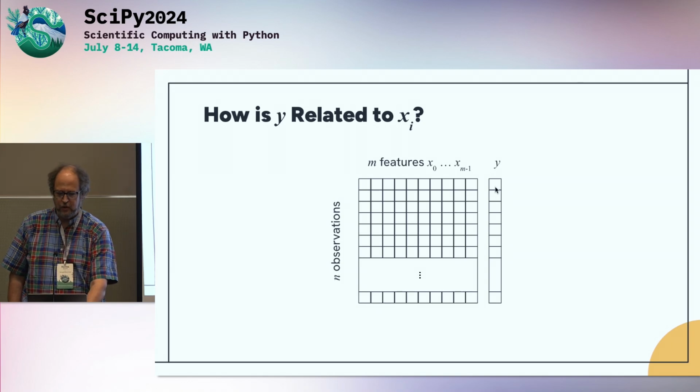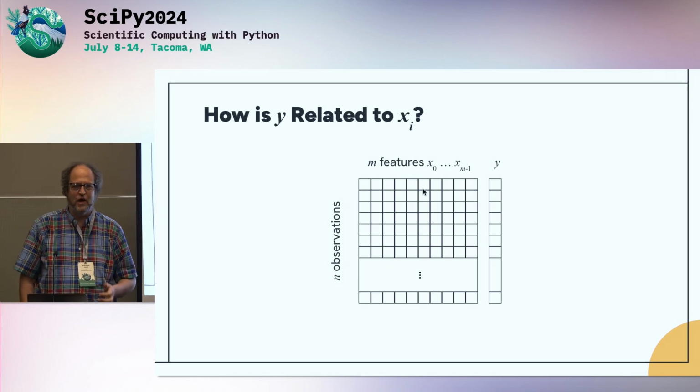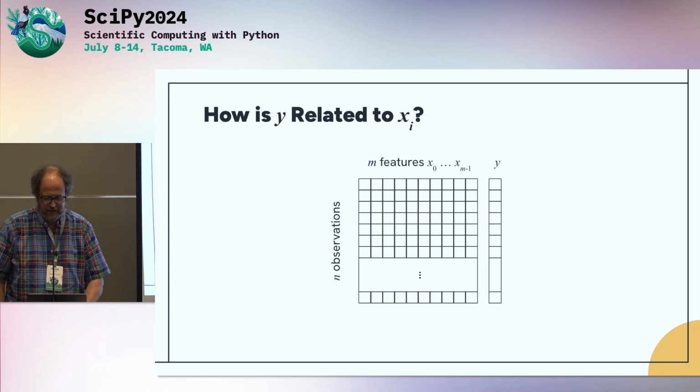And then we have a corresponding n observations of the y's, right? So we want to be able to say something intelligent about, x3 has no effect on y, or, as x7 goes up, y goes down, or that sort of thing.